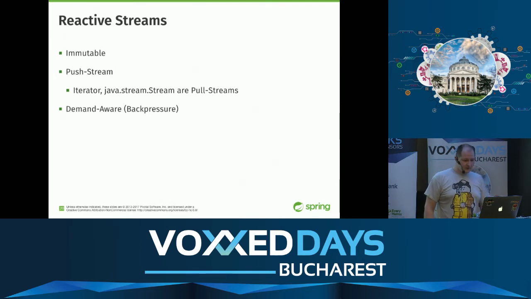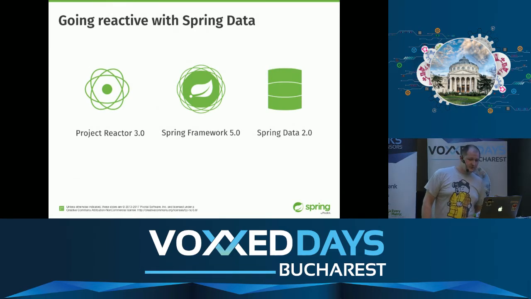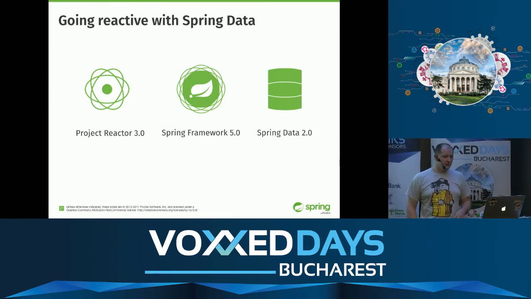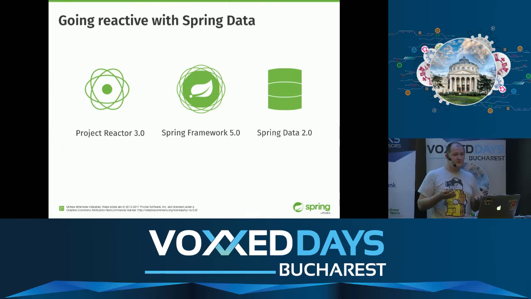So, what do we do with that and Spring? Well, if you want to use reactive data access with Spring, we have certain preconditions. The first thing is you need Spring 5. Spring 5 is based on Project Reactor. Project Reactor is an implementation of Reactive Streams, providing multiple types to implement data access. And the last component is that you need Spring Data 2.0. For those people who are really excited about Spring 5, there's a release date.